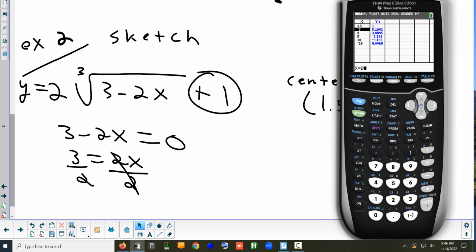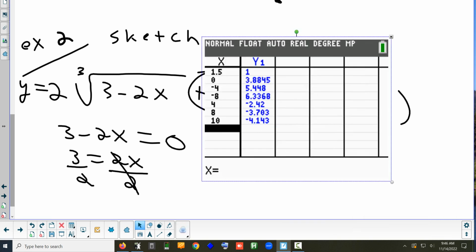And now pick 3 numbers bigger than 1.5: 4, 8, 10. I just picked them random. You can pick whatever you want. Try to space them out a little bit. So there's our points. And now we need something to graph on.